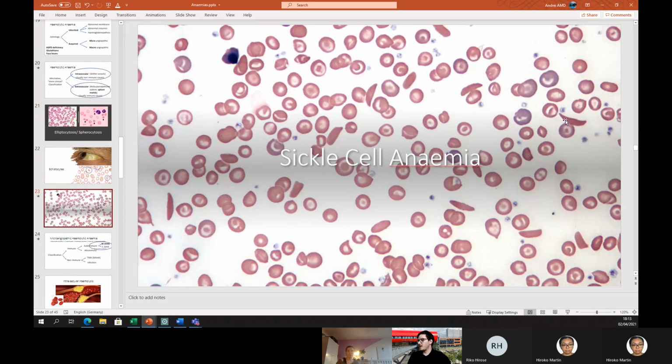When there's not enough oxygen, the hemoglobin molecules get stuck to each other within the cell, and they pull the red blood cell out of its shape. It's basically like putting a stick within a balloon, and then the consequences of that.